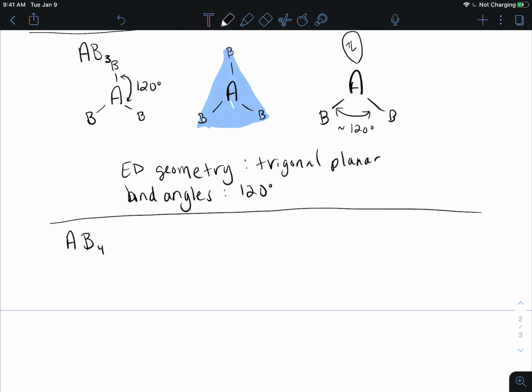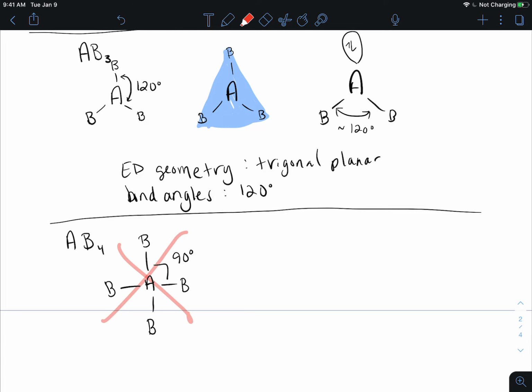Next, we're looking at AB4. So we have an A atom surrounded by 4 things, which we think would look like this. And if we looked at this, these would be 90-degree angles. This is incorrect.